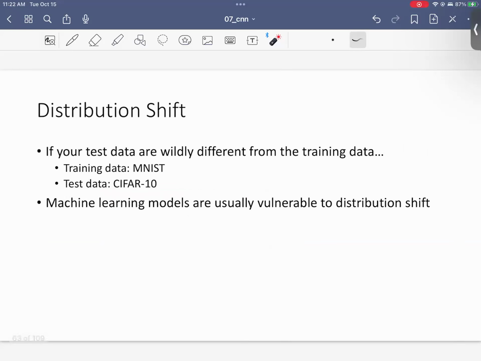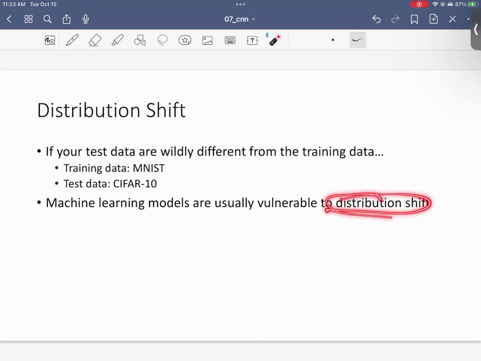In machine learning, when you deal with different data, like MNIST or CIFAR10, there's something called distribution shift. When you train your model on one dataset and then test it on another, it will not work well because the distribution is different. MNIST is all digits, like 1, 2, 3, 4, 5, 6, 7, and CIFAR10 is birds or cars or airplanes, completely different. So when you train your model on digits and try to classify birds or planes, it's not going to work.